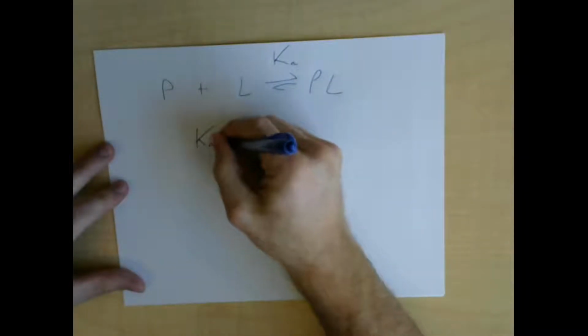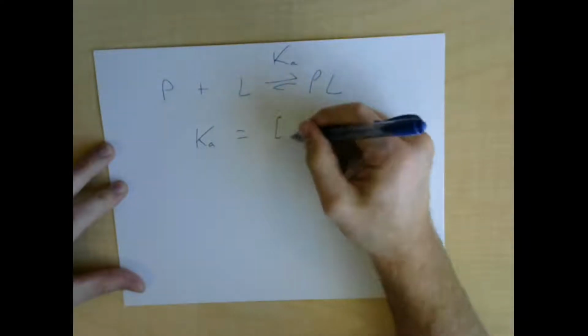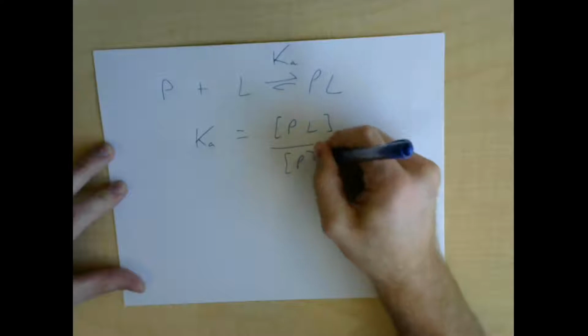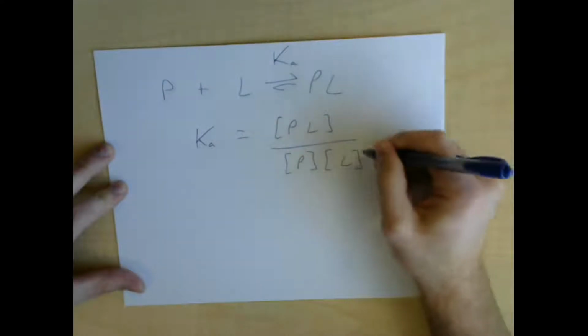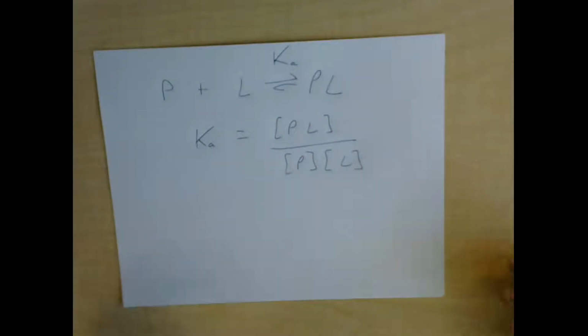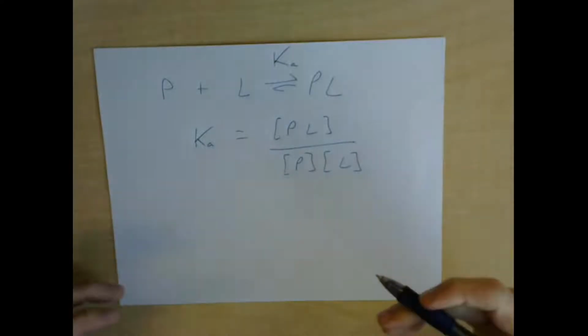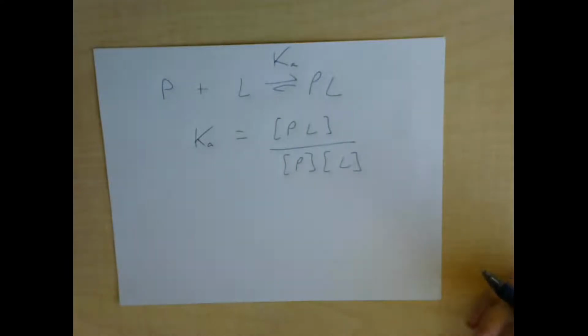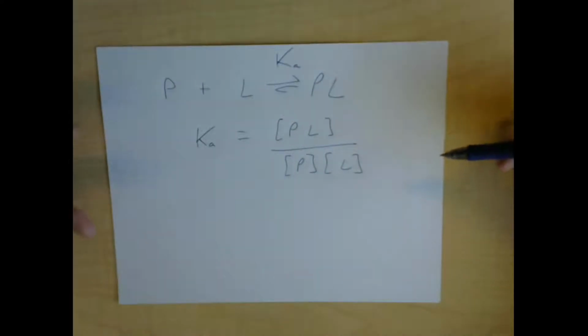So Ka equals the concentration of PL over the concentration of P times L. Notice my stoichiometries are all 1-to-1. So one protein, one ligand, gives me PL where one ligand is bound per protein. This is very similar to the case of myoglobin. So here, this is my equilibrium constant.